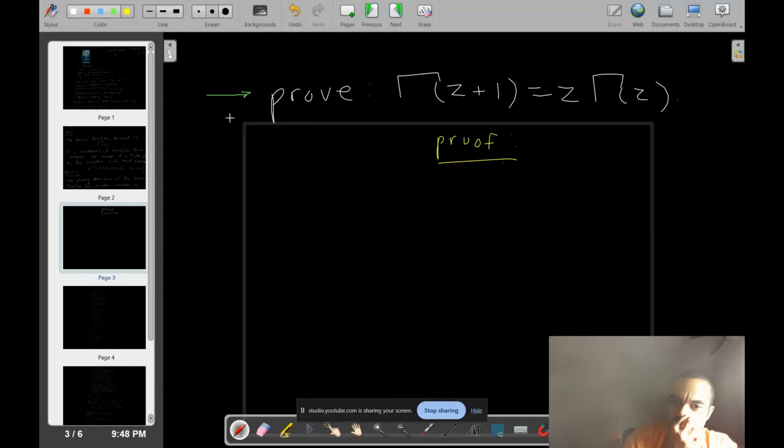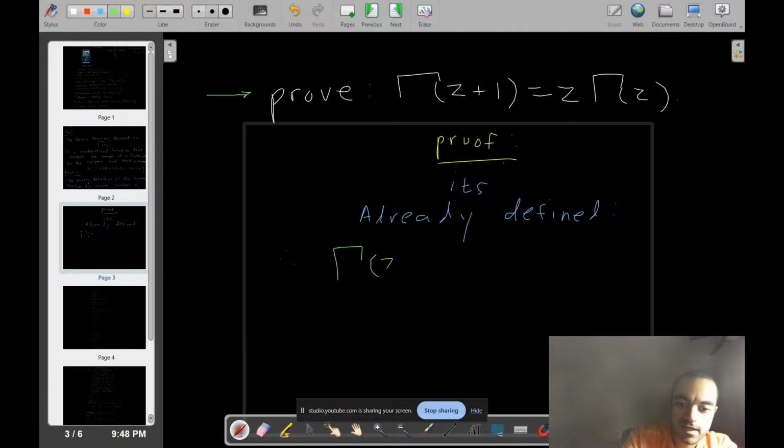So since we know that, I'm going to write something here. It's already defined that the gamma function of z is equal to the integral from 0 to infinity.